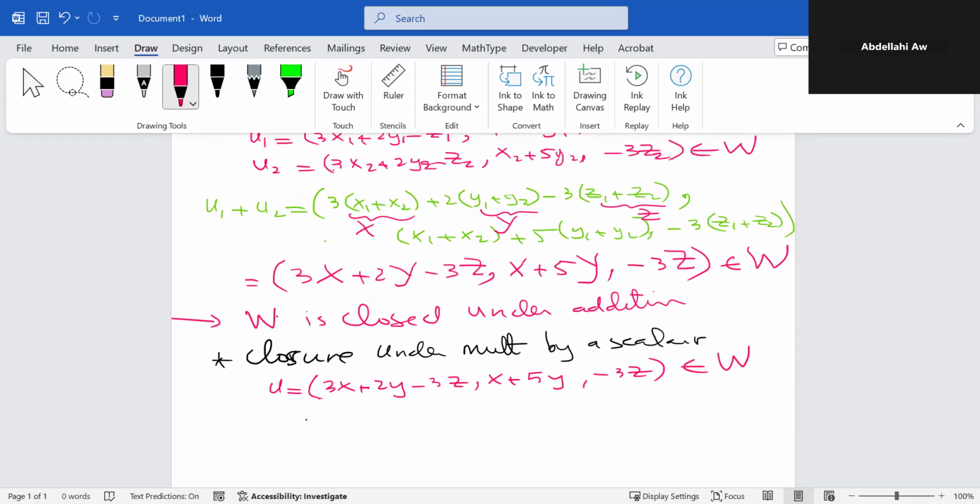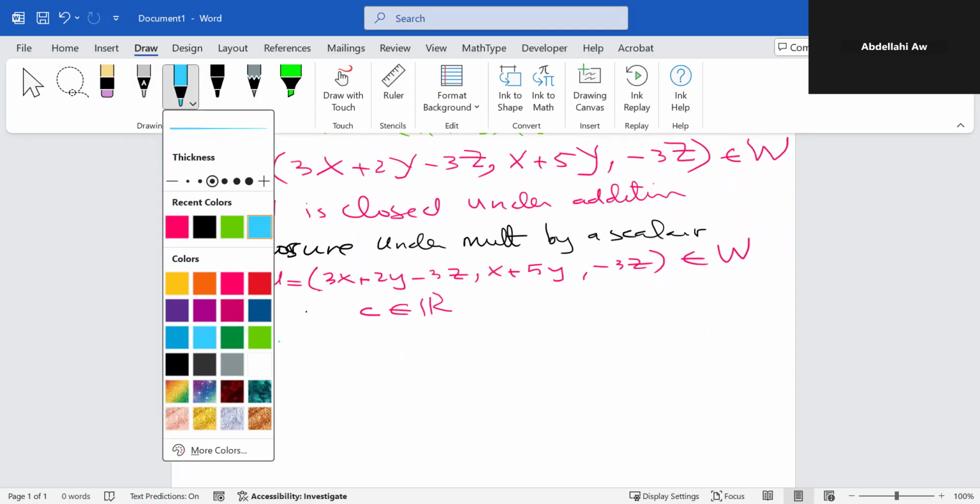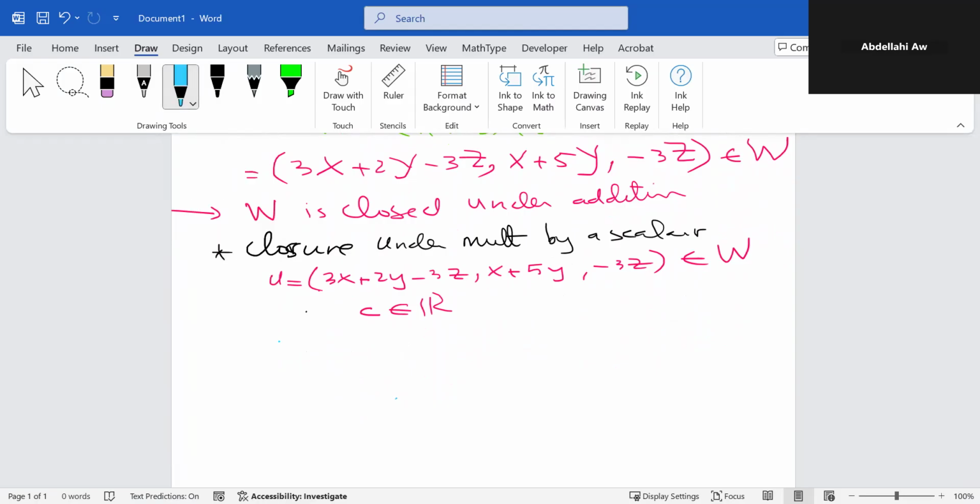And then I give myself a scalar c, which is a real number. I'm wondering whether, when I multiply u by c, I get an element of W. So is cu an element of W? This is just what we're asking. Okay, let's do the math.